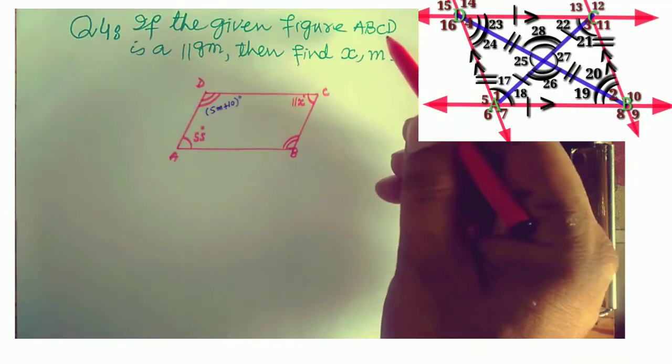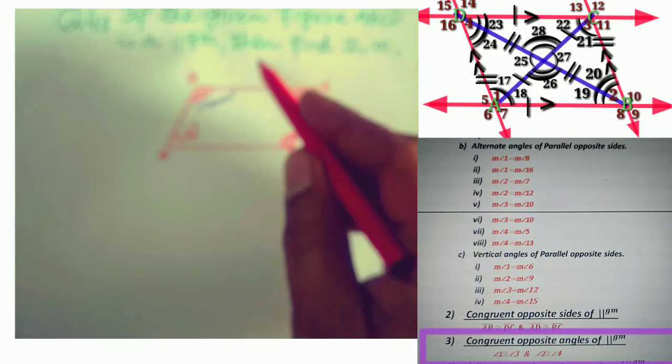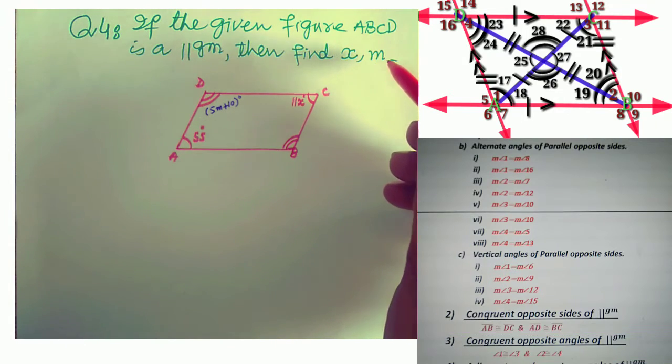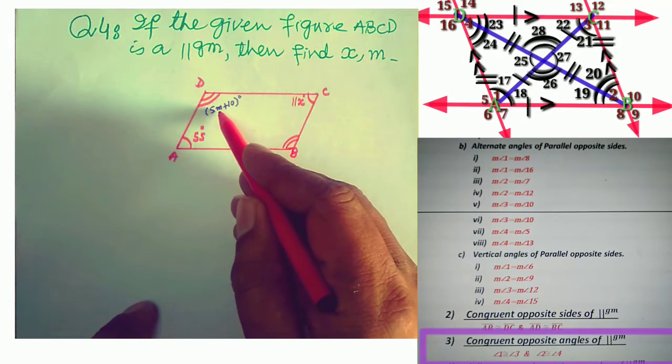If the given figure ABCD is a parallelogram, then find the value of x and m.